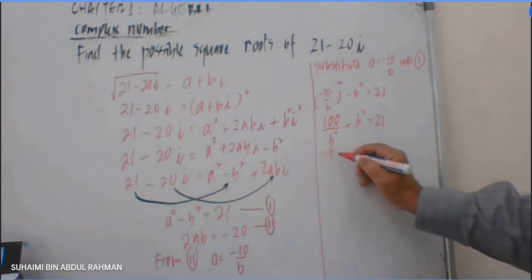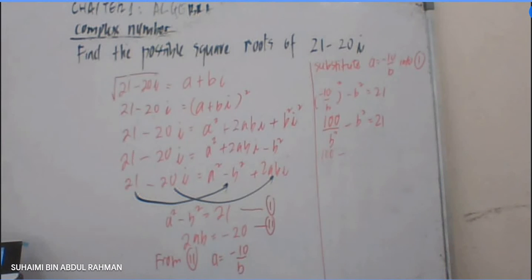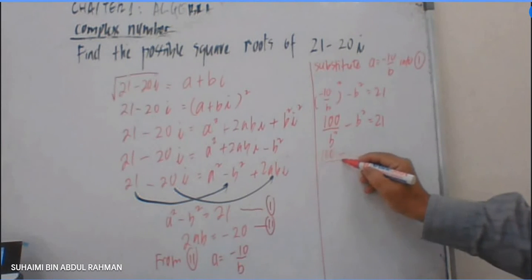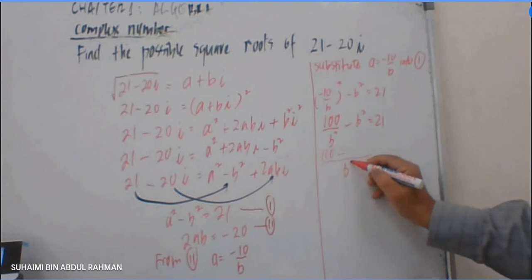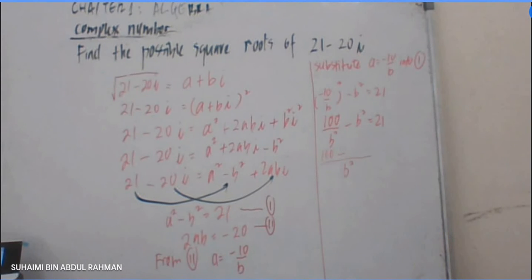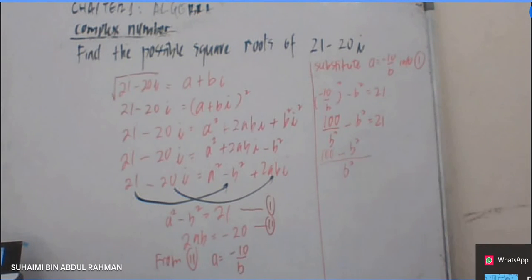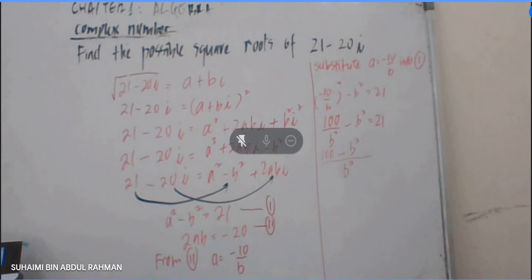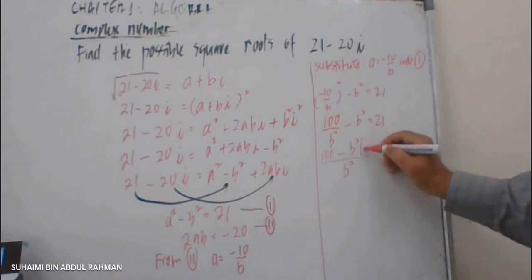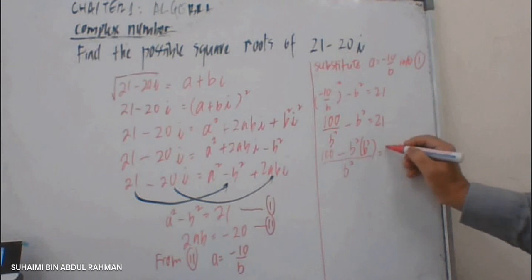So 100 minus, because we want to make same denominator now, b power of 2 must be multiplied by what? b square. Equal to 21.